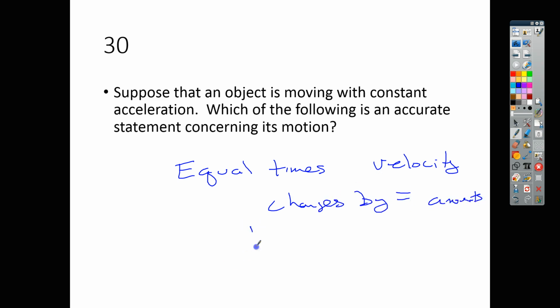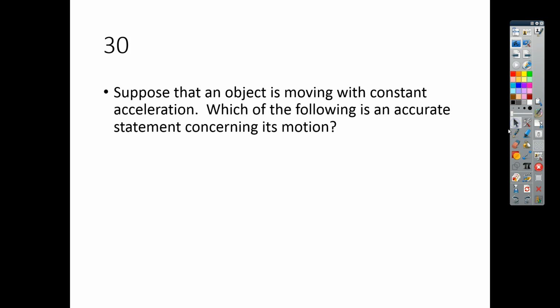So if you think about the slope of a velocity versus time graph, you're changing the same amount each time, and that would be your acceleration. So acceleration is just the difference here for each one of these, or the slope of the actual line itself. And that is number 21 through number 30.